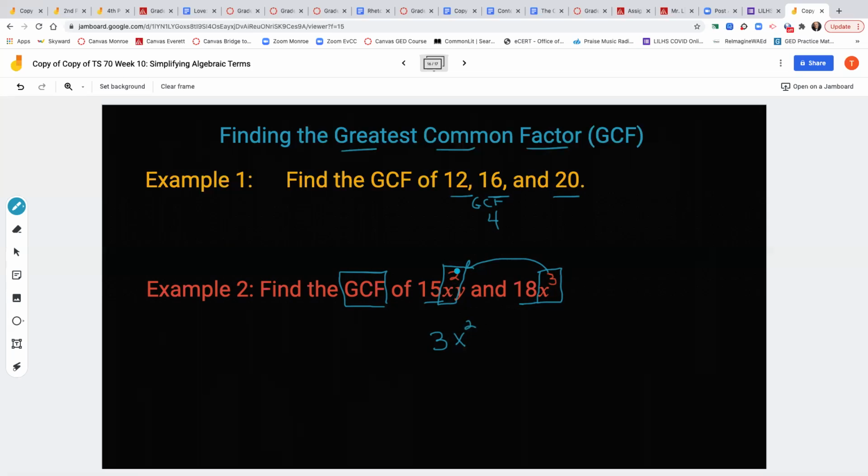Because x squared has x squared in it, and x to the third has x squared in it also. And so we would only keep the amount of it that they share in common, x squared and x squared here. So this would be x squared. And then we would just put down y. So what we've done is found the greatest common factor of this.